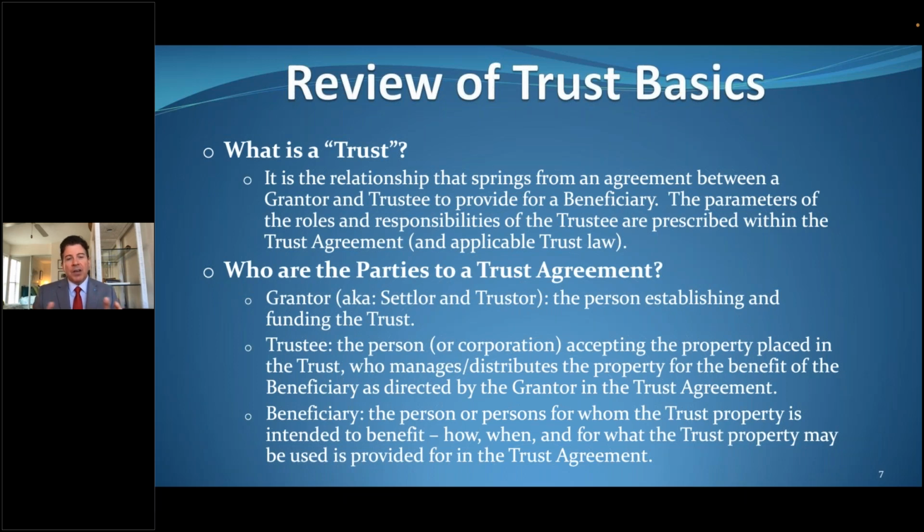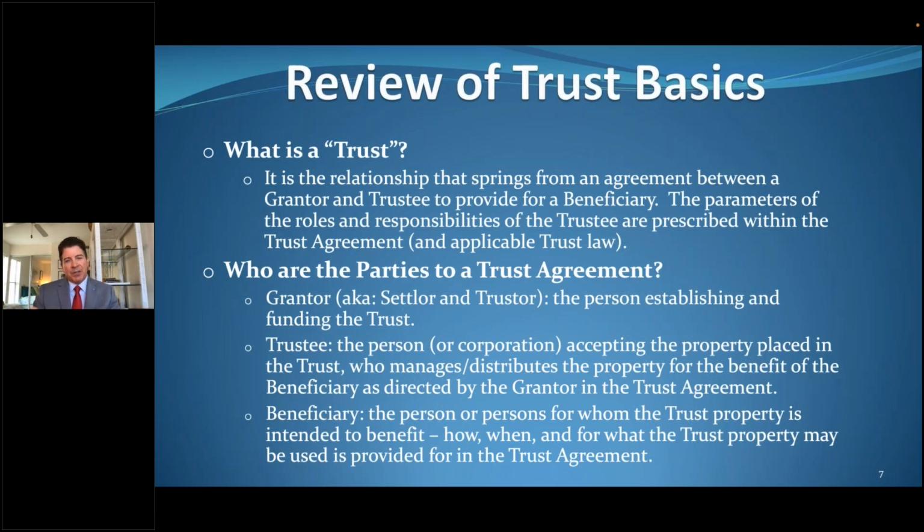So who are the parties? Well, the grantor, we just talked about this, the person that generally establishes the trust and funds the trust. The trustee is the person or an entity like a corporation that accepts the property. They actually have to sign something that says, I accept the trust property, especially a successor trustee who takes over.